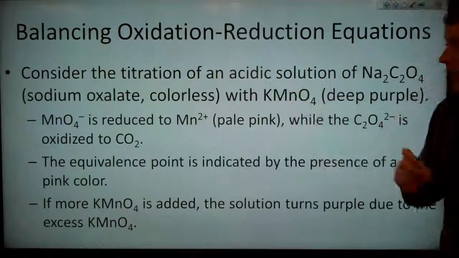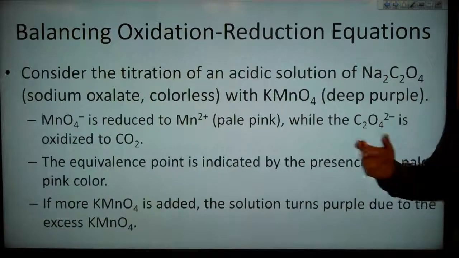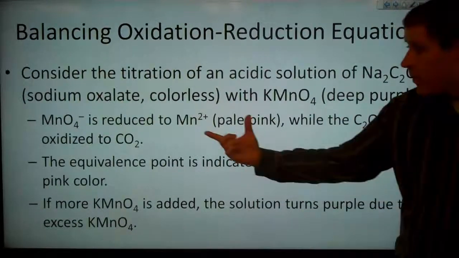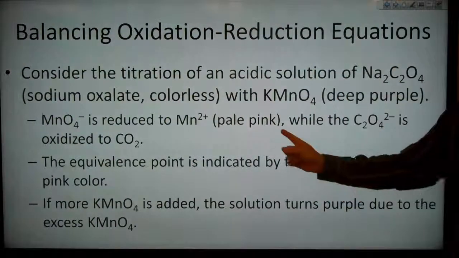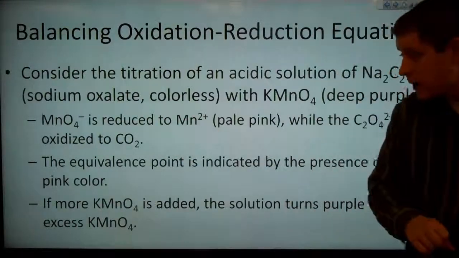So let's look at the titration of an acidic solution of sodium oxalate, which is colorless, with potassium permanganate, which is a deep purple color. The permanganate is reduced to manganese 2+, which is pale pink, while the oxalate is oxidized to carbon dioxide.